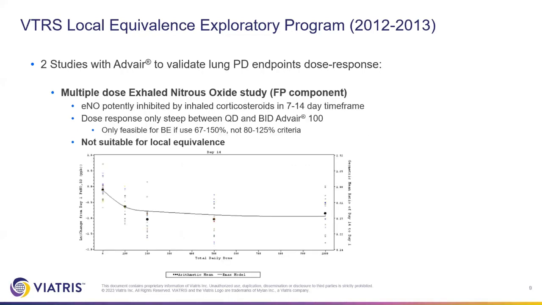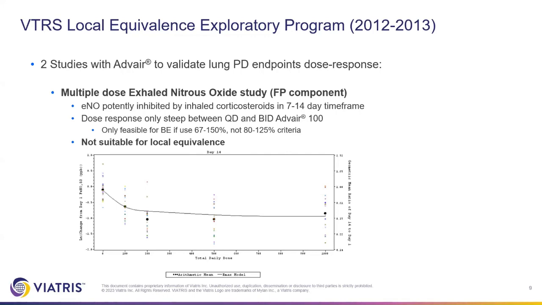We also ran another, and I would say these were well-run, well-controlled studies looking at exhaled nitric oxide, and in this case looking at the FP component of Advair Diskus, and looking at a range of doses, not only the registered doses of 50/250 and 50/500 twice daily, but we also looked at a very low dose, a once daily dosing of the 50/100 strength of Advair.